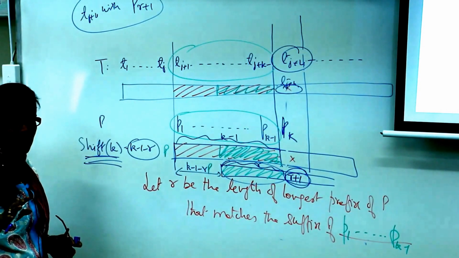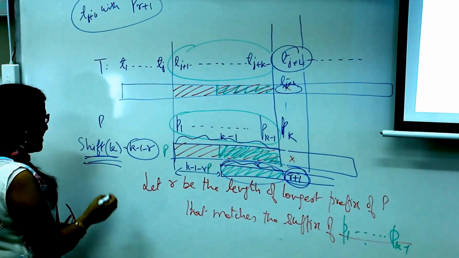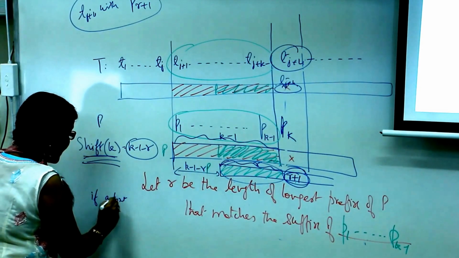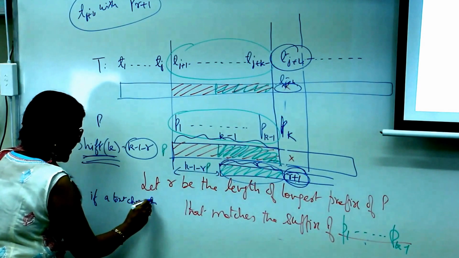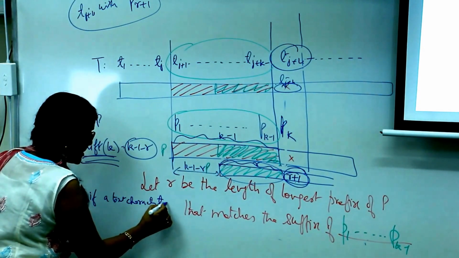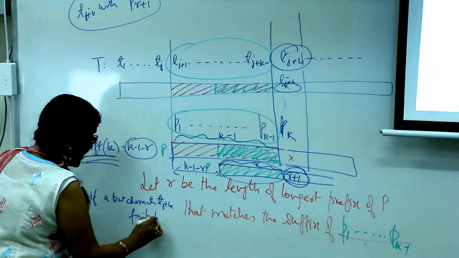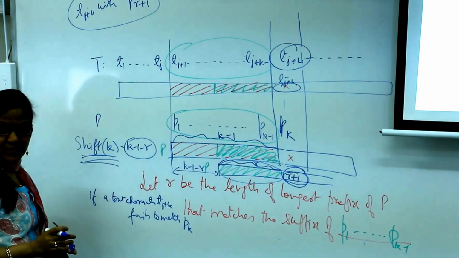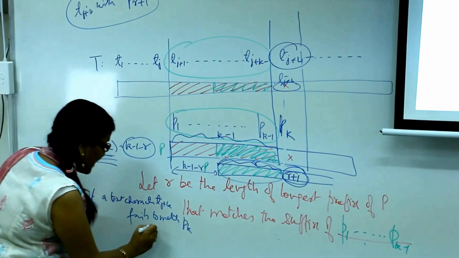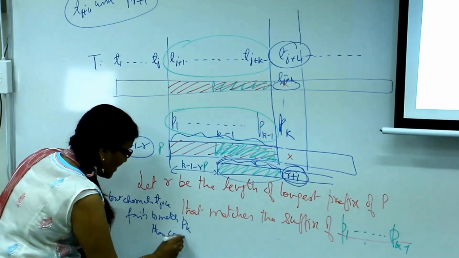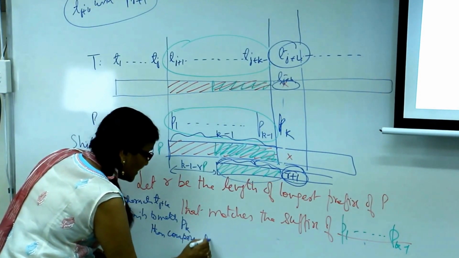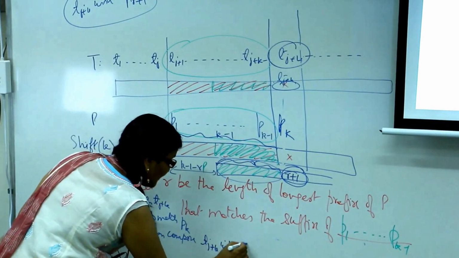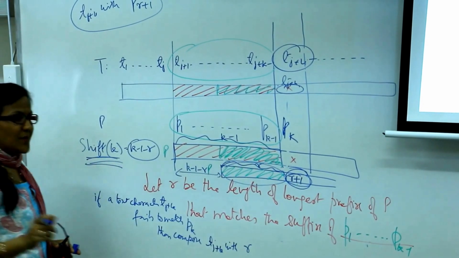This also tells me that if a text character t of j plus k fails to match pk, assuming we have matched up to pk minus 1, then compare tj plus k with p of r plus 1.